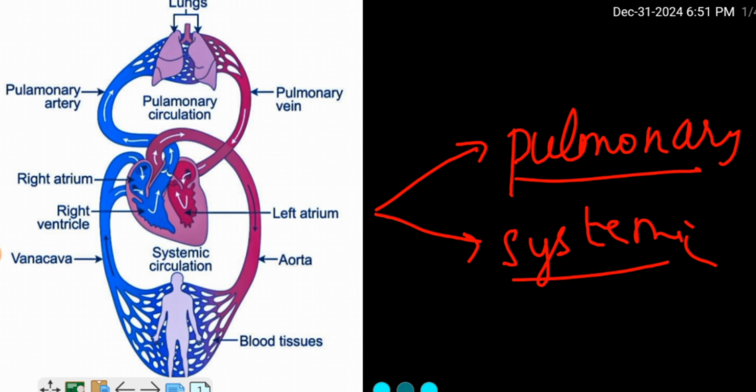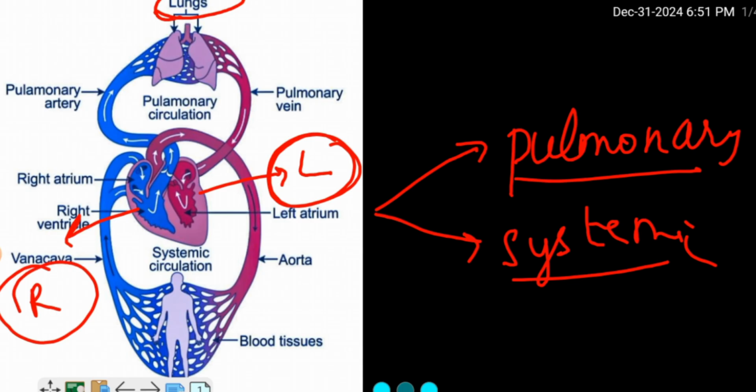Now the lungs are the main organ that is going to help in getting the oxygen into the blood. We have studied in detail that there are two sides of the heart, one is the left and one is the right. So this one is the left and this one is the right chambers. The left one deals with oxygenated blood and the right one deals with deoxygenated blood.